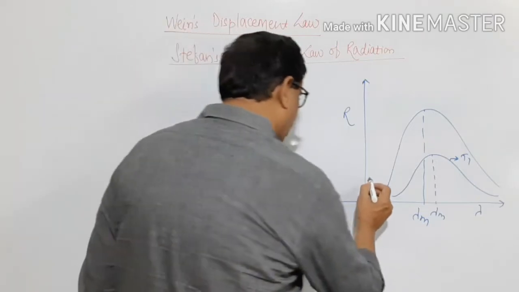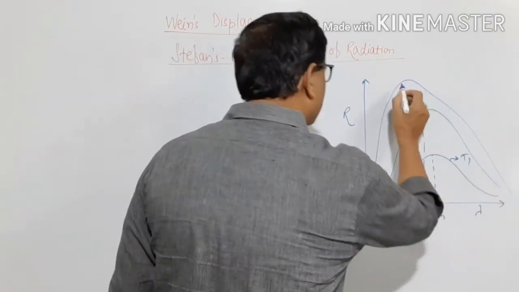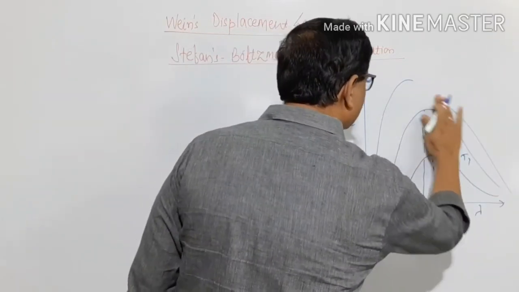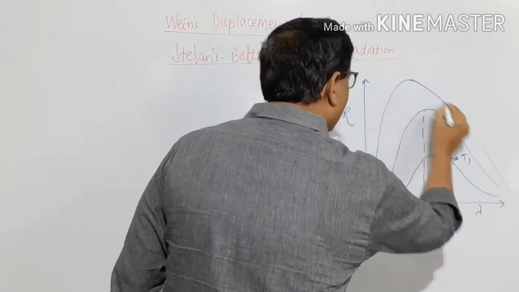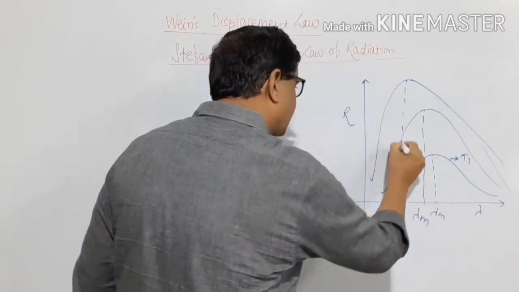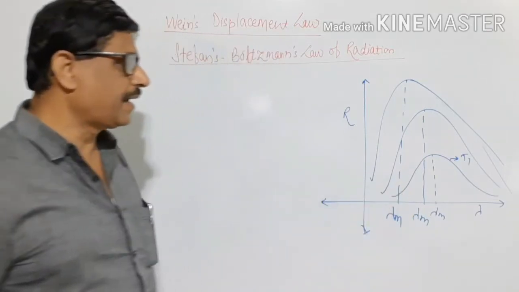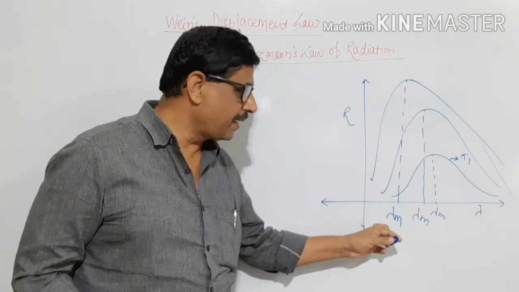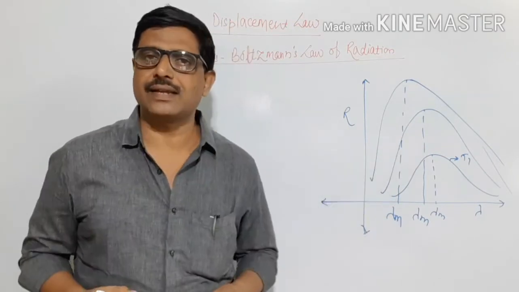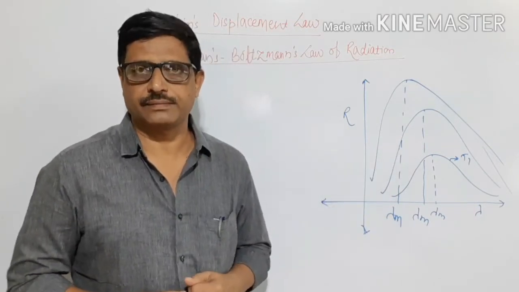If we go for one more, higher temperature, the graph will be like this. Here again, the wavelength at which the intensity of radiant heat is maximum will be different, and it is less than that of the previous one.